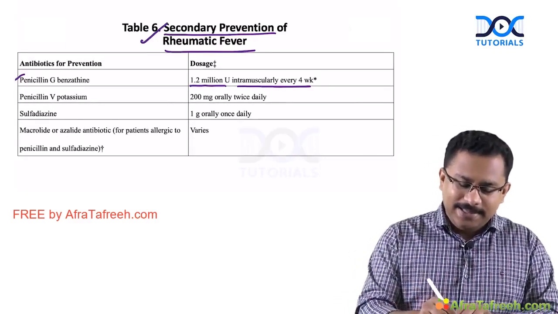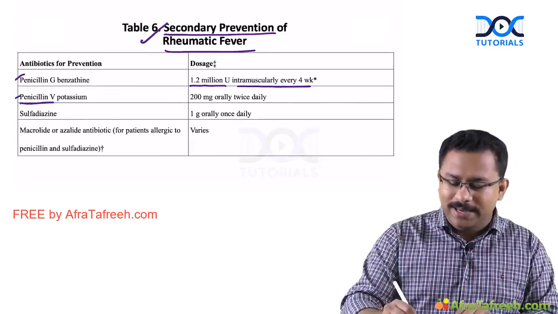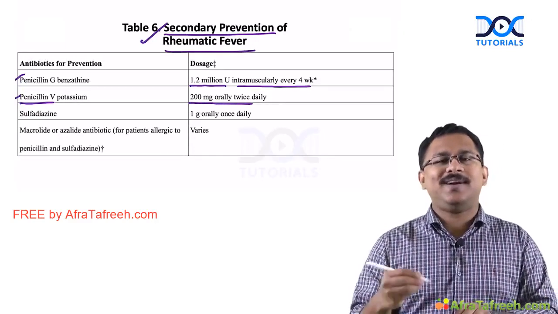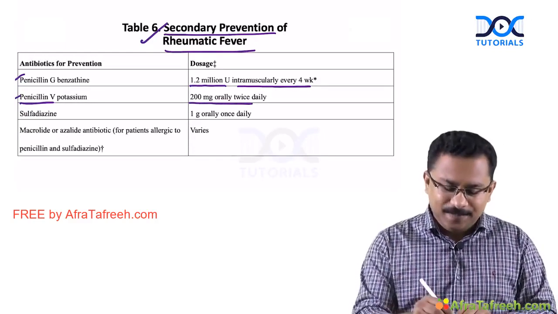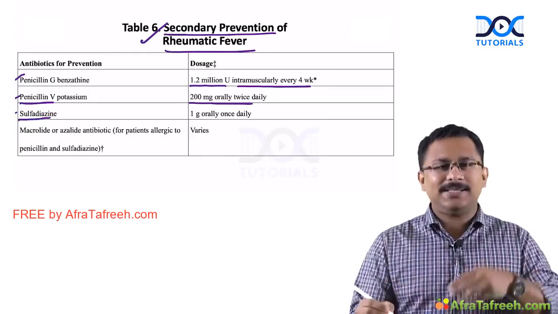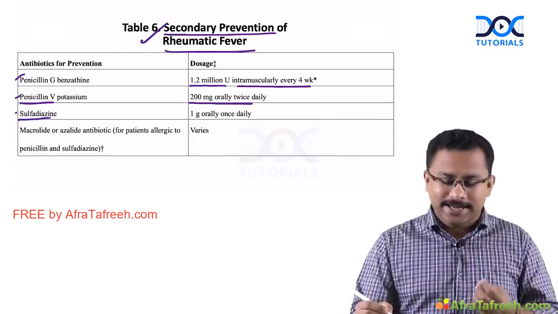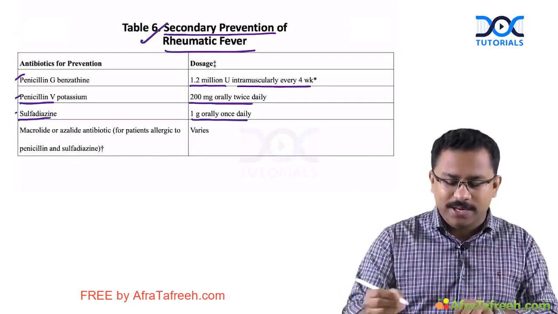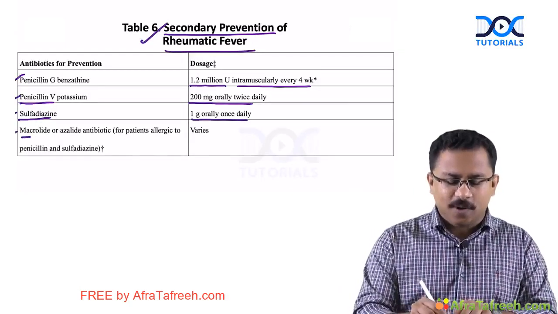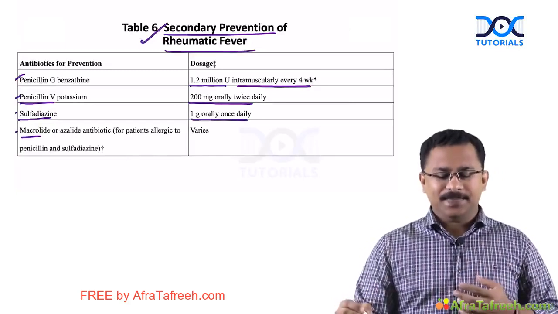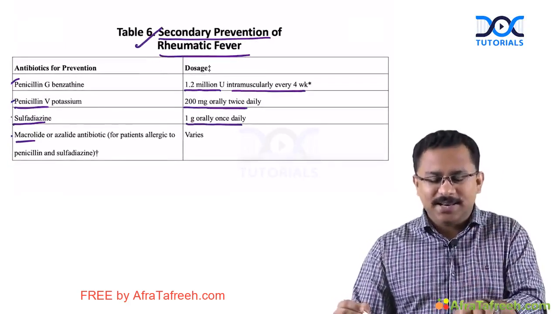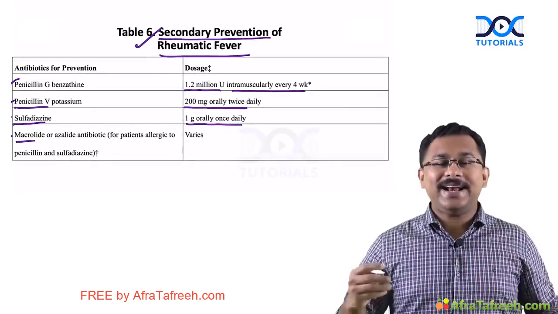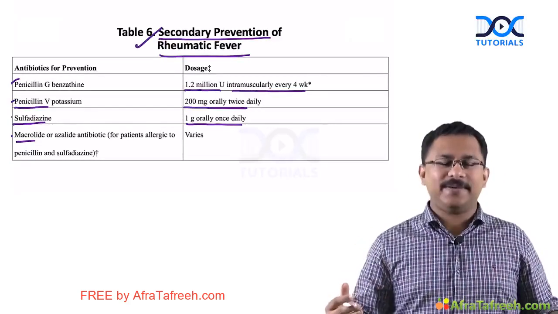Then penicillin V, an oral formulation, 200 milligram orally twice daily. Then in patients especially with a penicillin allergy, you can go for sulfadiazine at a dose of 1 gram orally once daily, or the next option is a macrolide. So these are the options that you have for secondary prevention of rheumatic fever.